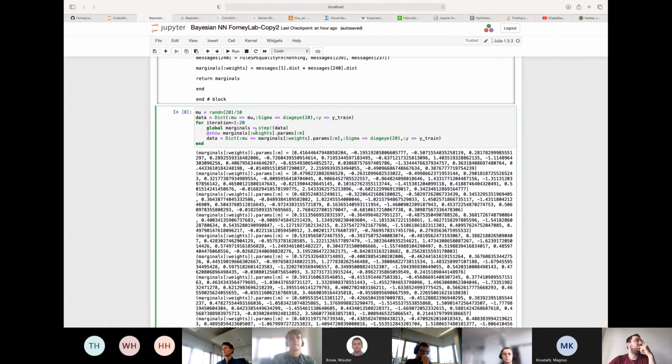We take a step at each iteration. As I told you, this is the iteration, basically the epoch. At each epoch, we pass over the data once, and we do it 20 times.